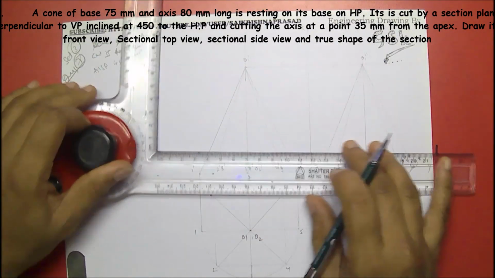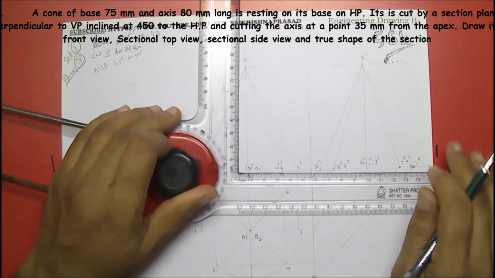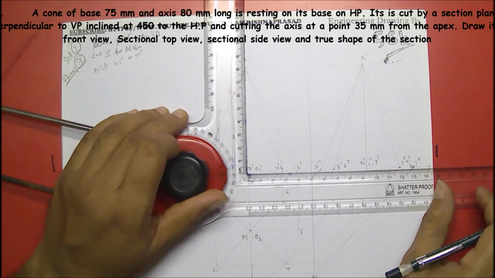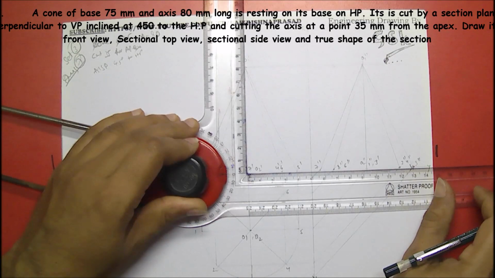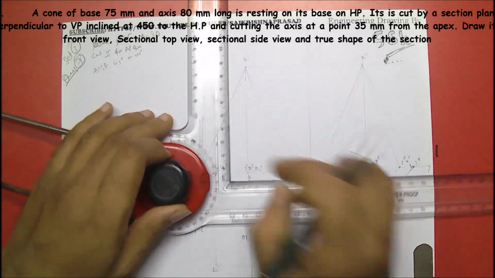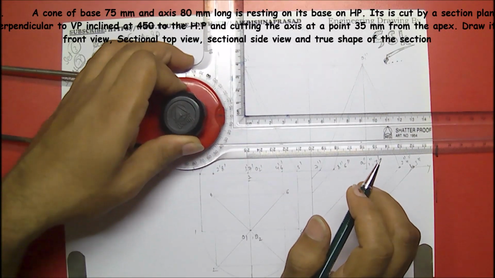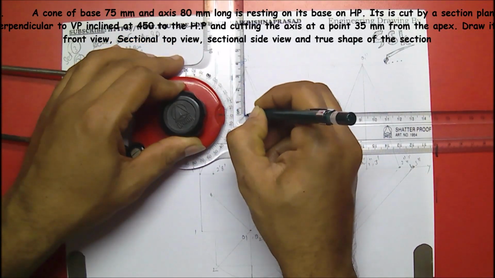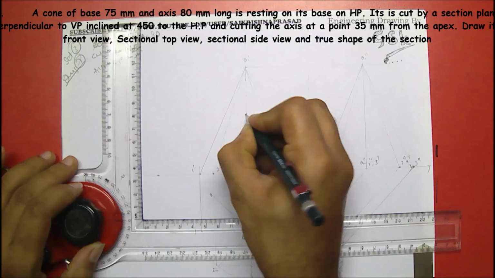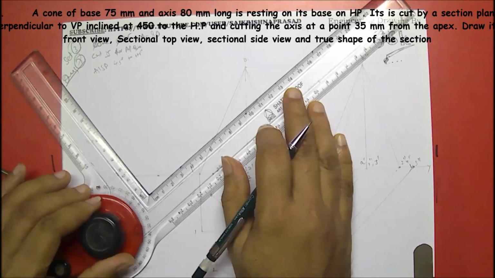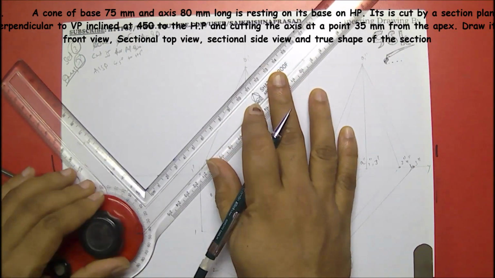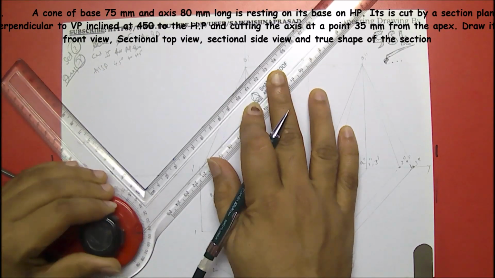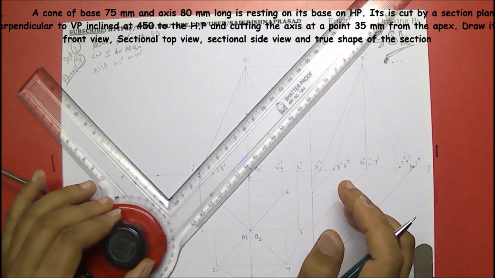Now our section plane, auxiliary inclined section plane, is 45 degrees to the HP, and it is cutting the cone exactly 35 mm below the apex point. This is the apex point, and 35 means from here our section plane is cutting the cone. So let me keep this for the 45 degrees, right? And I'll be cutting this one.